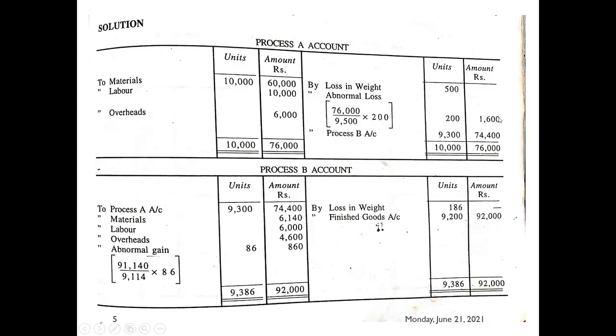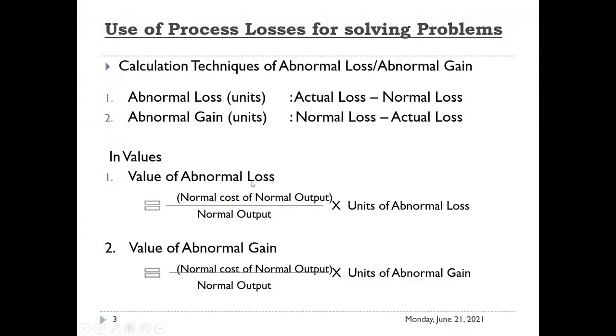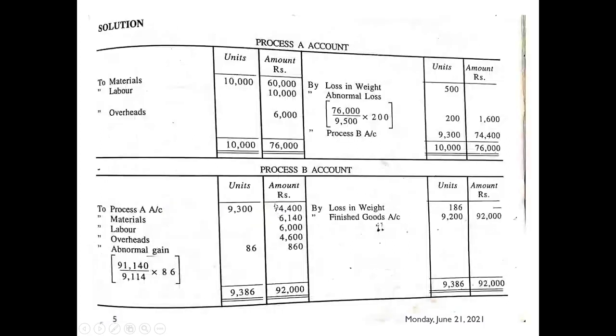So here the amount is also required, by applying this formula. Value of abnormal loss is equal to normal cost of normal output divided by normal output, into units of abnormal loss. So normal cost of normal output first. How is it calculated? That means the debit side total, 76,000, minus the credit of normal loss, which is nothing here, so minus 0.